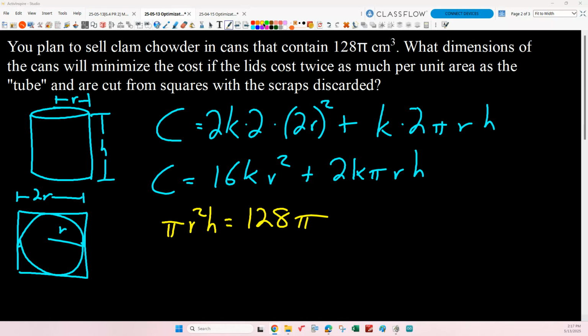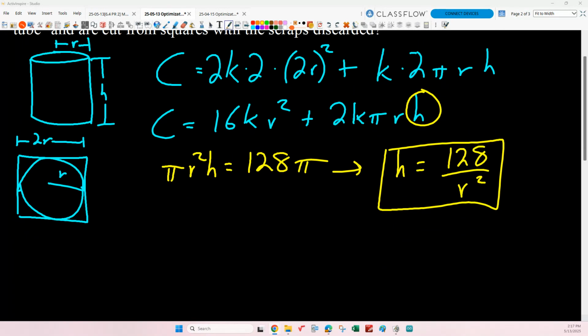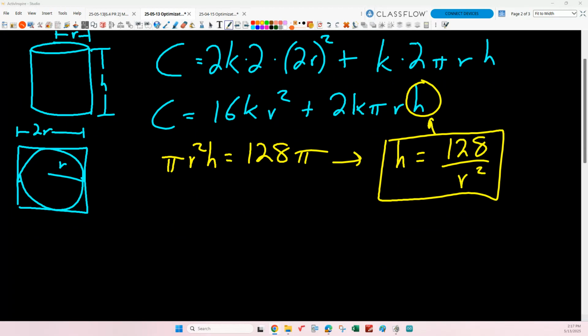H, right? Because there's an H. So if we solve for h, we just get 128 over r squared, because the pi's will cancel. What do I do with that substitution equation? Put a box around it, because I need to use it. And then I'll make my substitution.